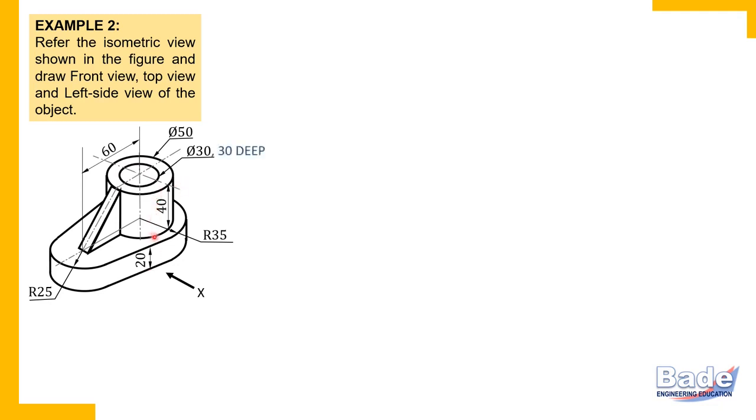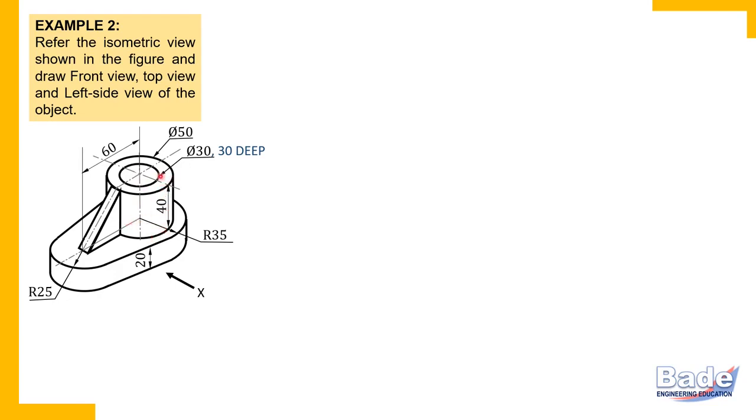Listen. If this hole is not a through hole, and if this hole has a certain depth, then this is how that depth is mentioned in the dimension. Phi 30, that is diameter 30, and 30 deep, it means this hole is 30 millimeters deep and not a through hole.